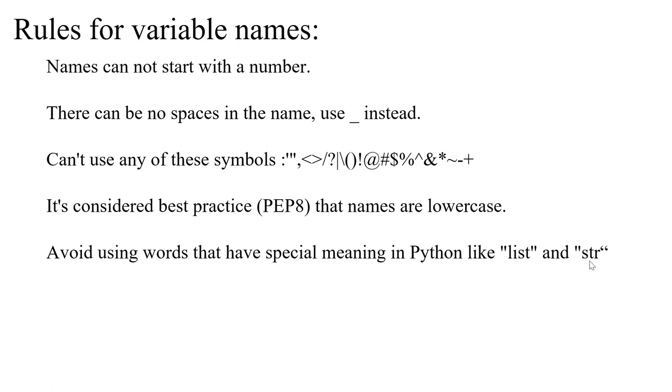Suppose str is the data type, you should not use it as a variable name. Suppose print, we are using that as a function, so you cannot use print to define the variable name. Existing Python keywords, you should not use for variable names.